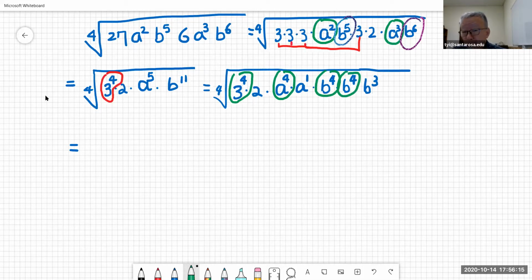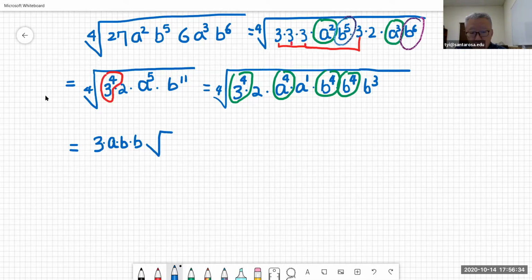So those are going to come out as one single constant and variables here. So that means I have a 3, a, b, and b.